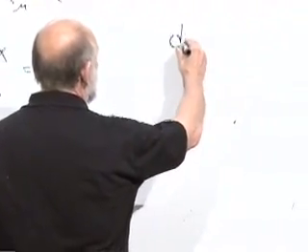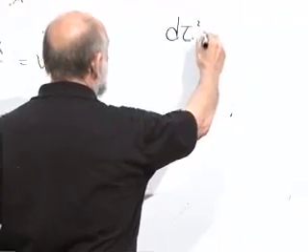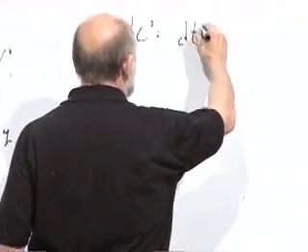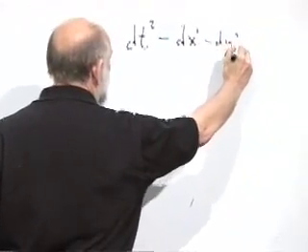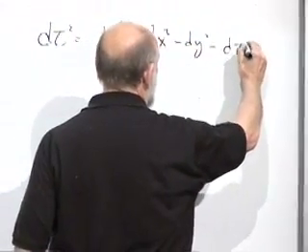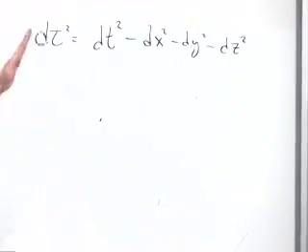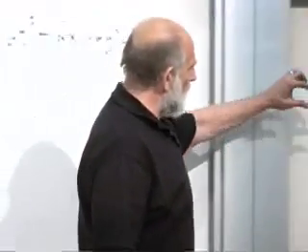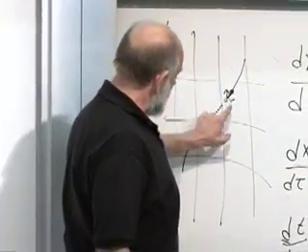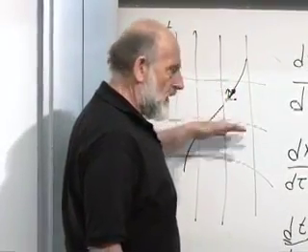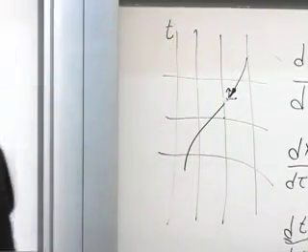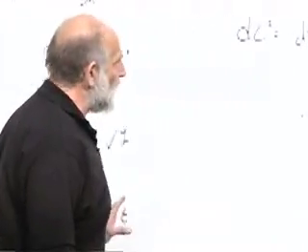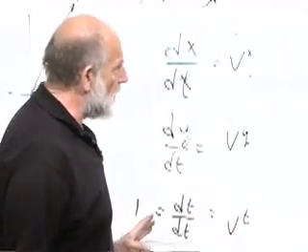First of all, let's write that d tau squared is equal to dt squared minus dx squared minus dy squared minus dz squared. That's just the definition of a small proper time interval here. It has a dx, it has a dy, it has a dz, and it has a dt. And the proper length of that little vector is dt squared minus dx squared minus dy squared minus dz squared.